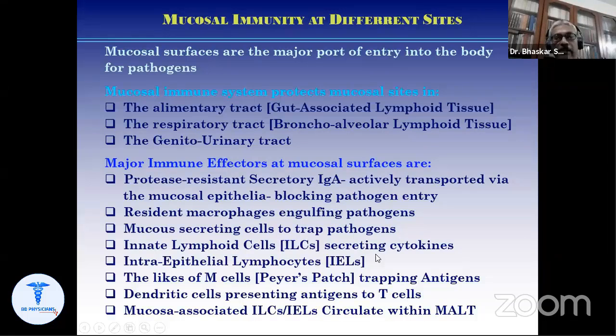Then innate lymphoid cells secreting cytokines, intraepithelial lymphocytes, IELs, the likes of M cells that we see in Peyer's patch trapping antigens, then dendritic cells presenting antigens to T cells, and mucosa-associated innate lymphoid cells or intraepithelial lymphocytes that are circulating within the MALT system. So these are basically the armors that protect the mucosal surfaces.